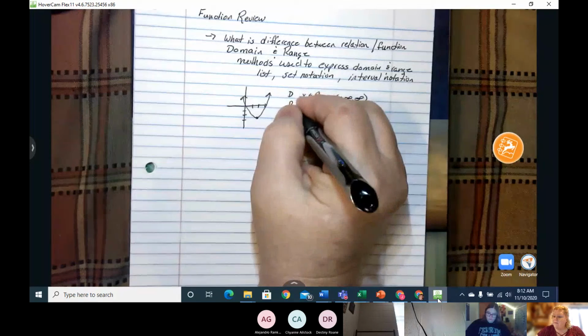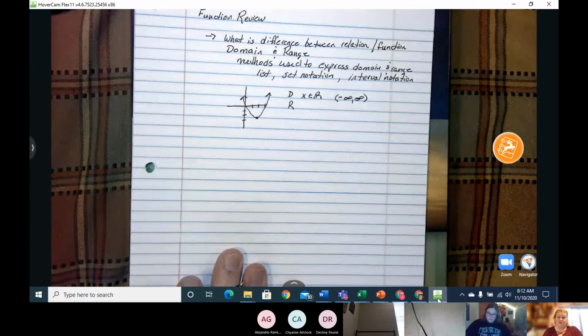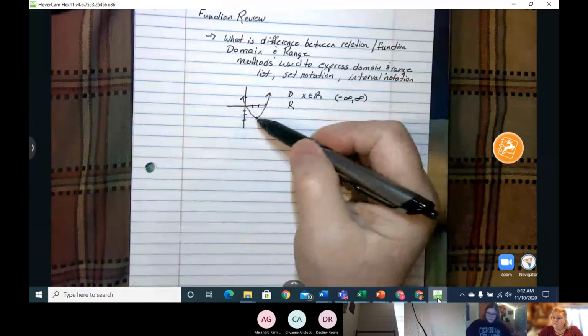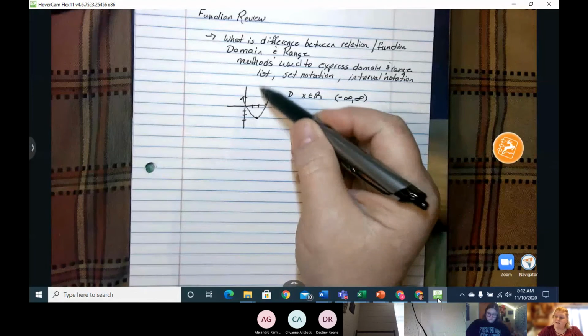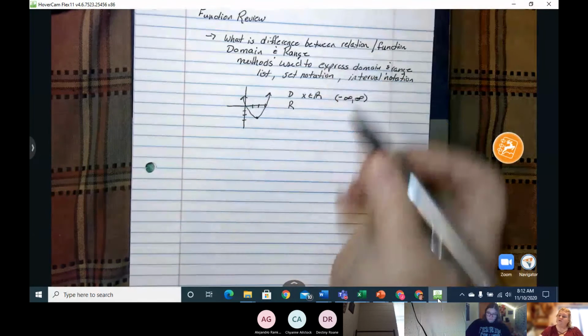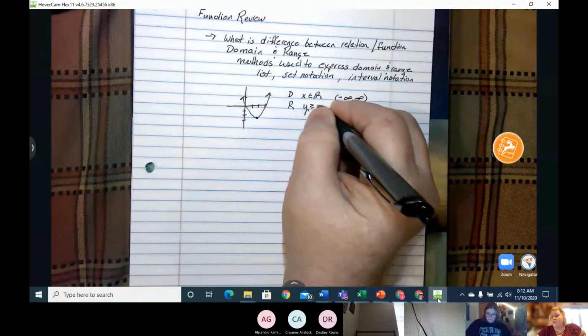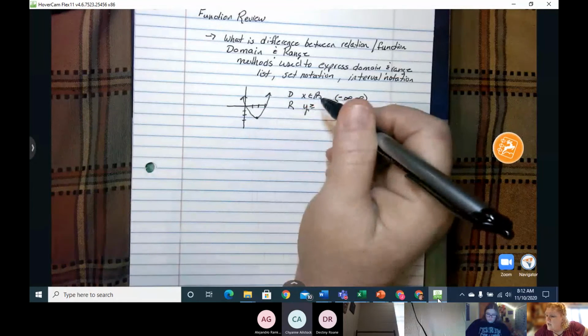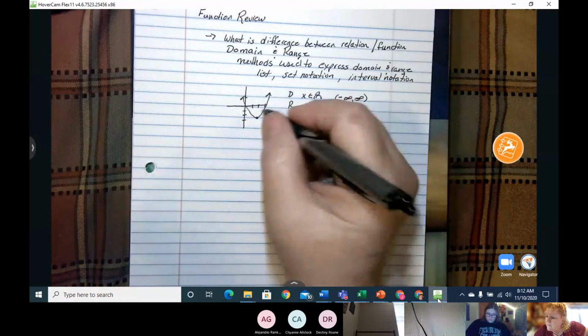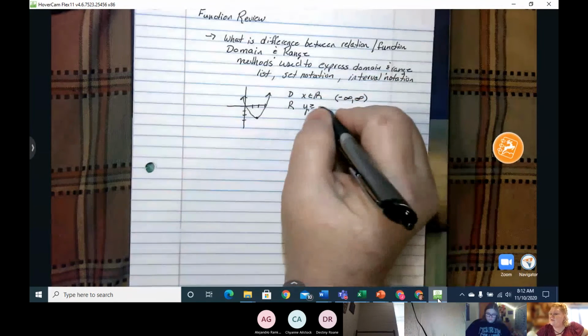If we were talking about the range of that function, it is only from the point of the vertex up. So we would describe that using inequalities as saying that y is greater than or equal to, I think it's close to -2.